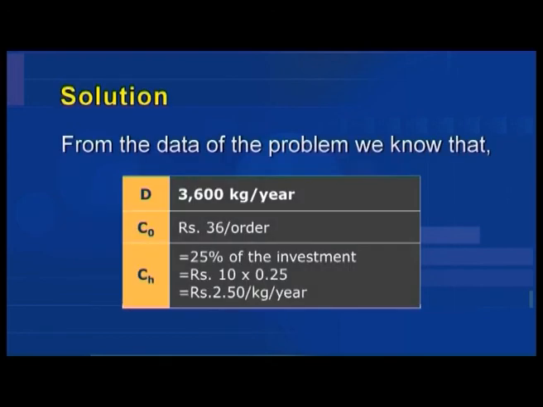Solution. From the data of the problem, we know that D is equal to 3,600 kg per year, C naught is equal to 36 rupees per order, and CH is equal to 25% of the investment, which is equal to rupees 10 into 0.25, which is equal to 2 rupees 50 paise per kg per year.